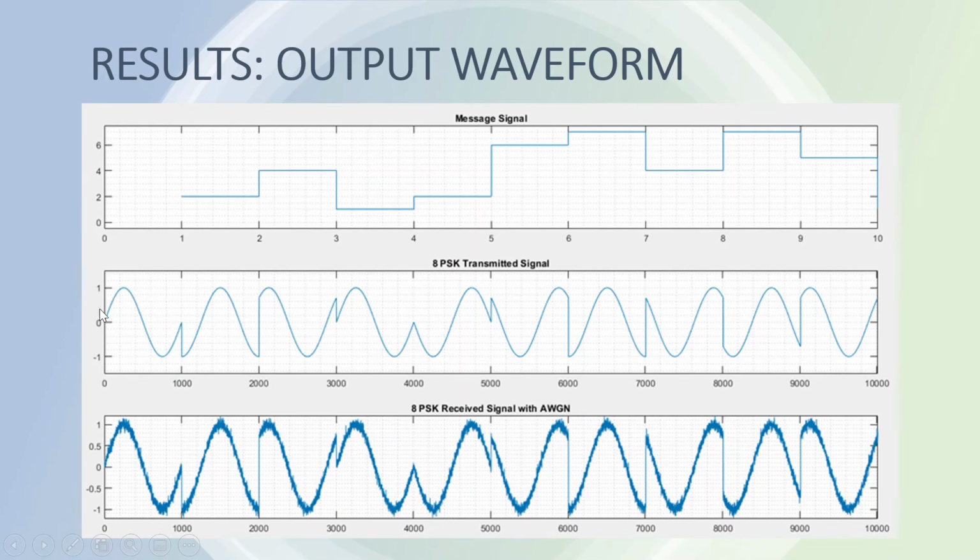This part is the modulation of this part. In a phase, there are 360 degrees. So for a level 8 PSK, 360 degrees divided by 8, each phase shift is equal to 45 degrees. So how to read the transmitted signal is from here to here. You can see that there is an increase by 2 levels, so 2 times 45 degrees equals 90 degrees.